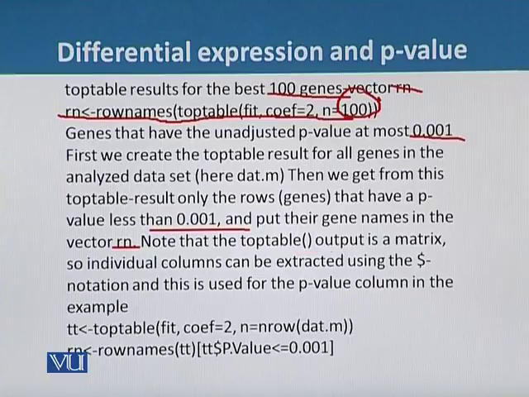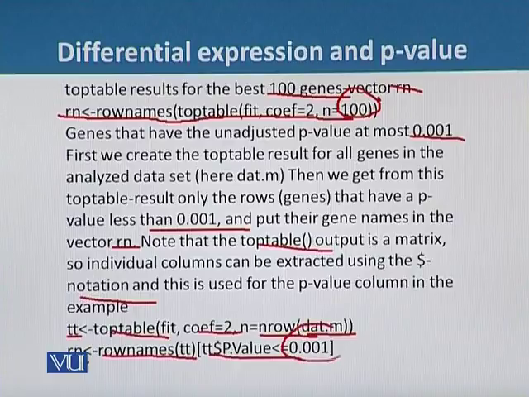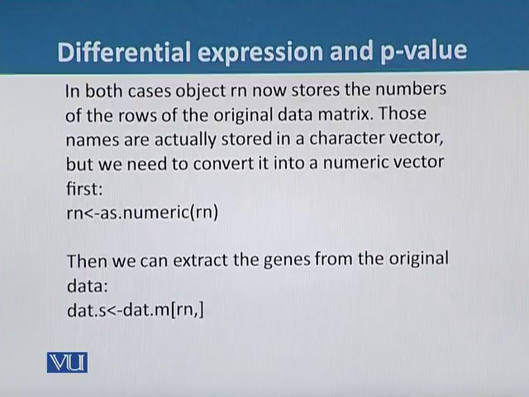The topTable command output is a matrix, so individual columns can be extracted using this notation, and this is used for the p-value column in the example. And we use TT <- topTable(fit, coef=2, n=nrow(data)), then the rn vector, and we will get the command like this: rownames(TT)[TT$P.Value < 0.001], and we will get the p-values less than 0.001.